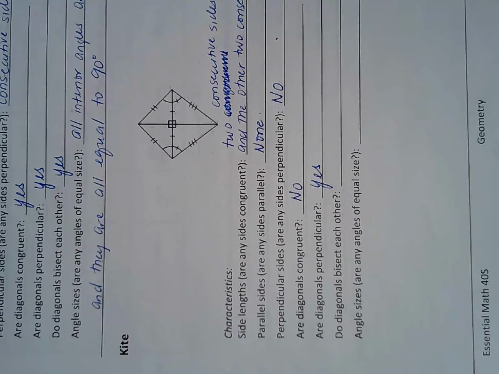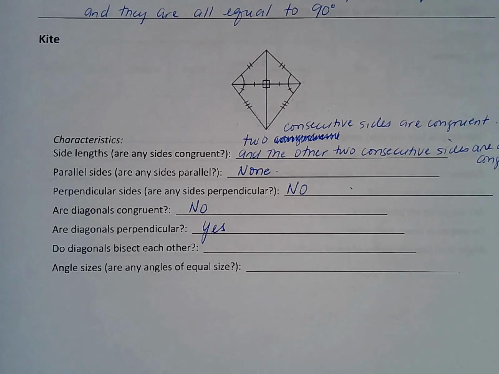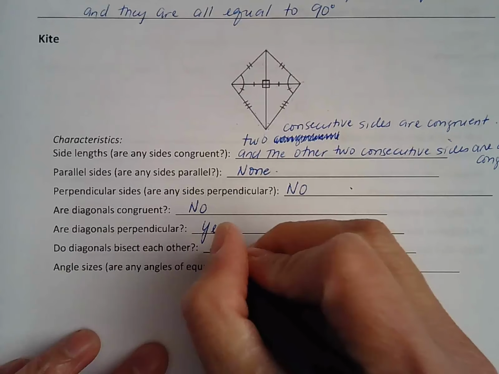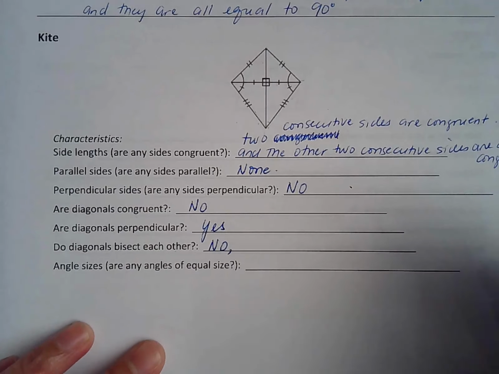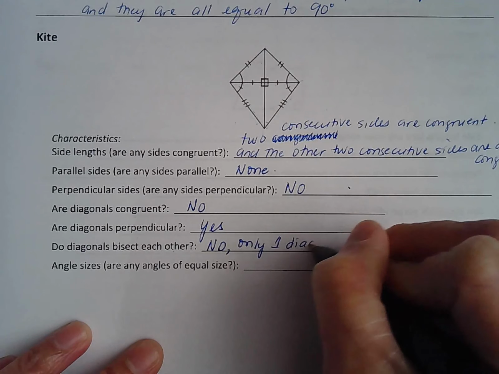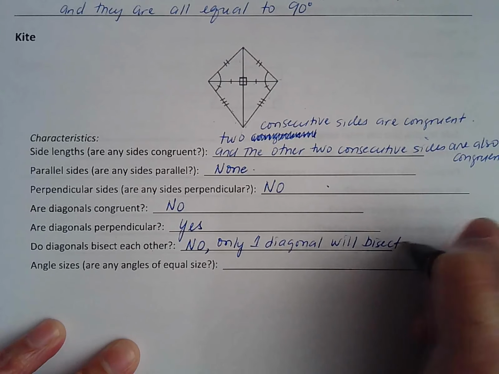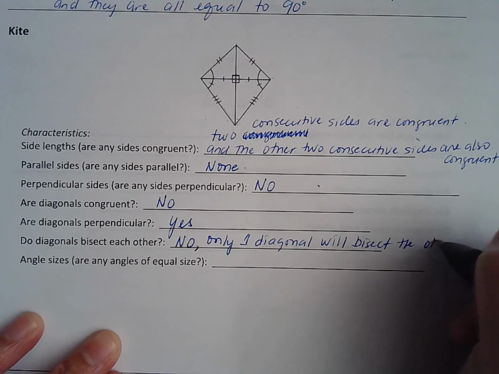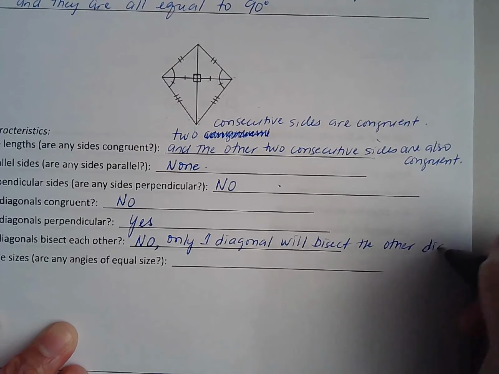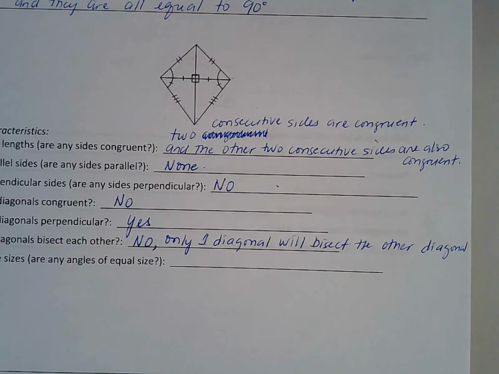No, right? You see, it's not. So do diagonals bisect each other? No. And we can just continue on. Only one diagonal will bisect the other diagonal. So only one diagonal will cut the other diagonal in half into two equal parts.